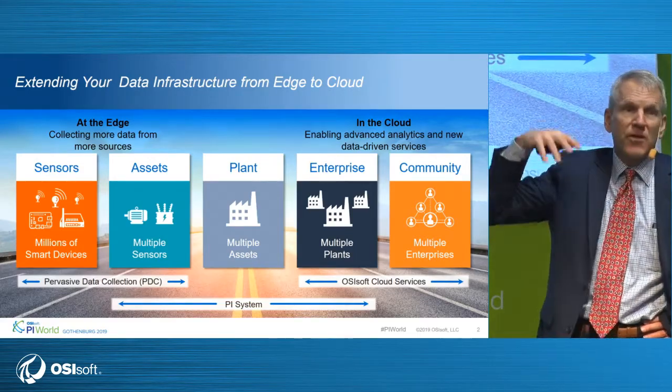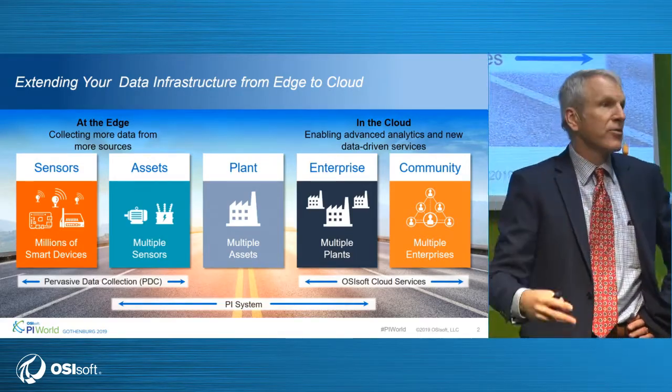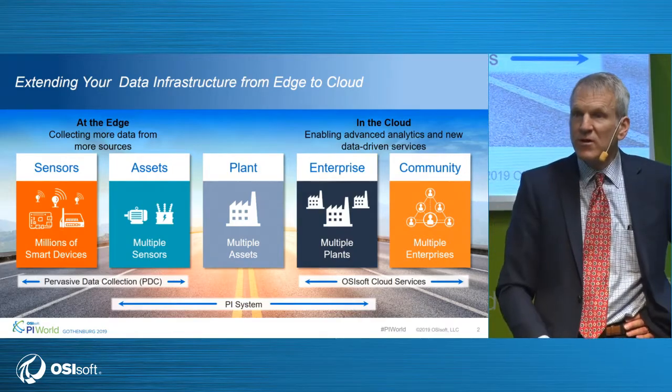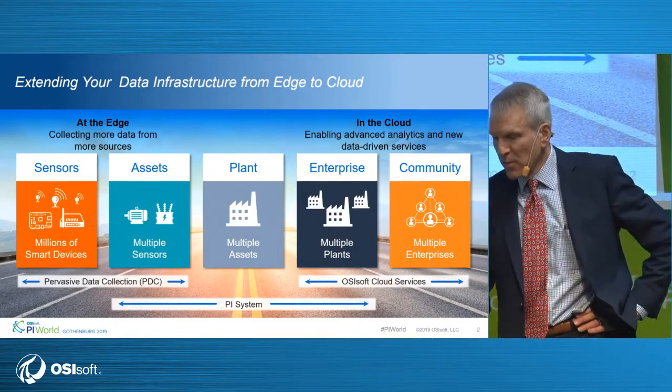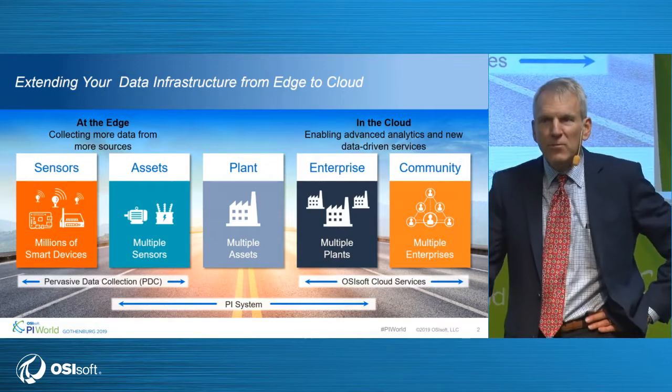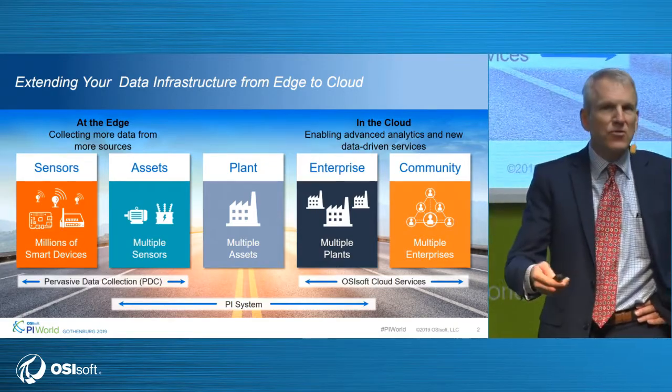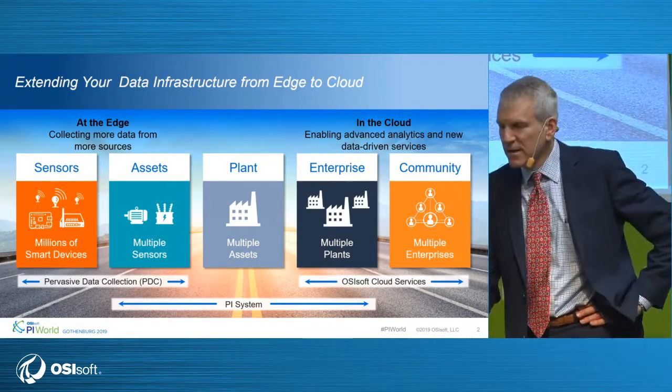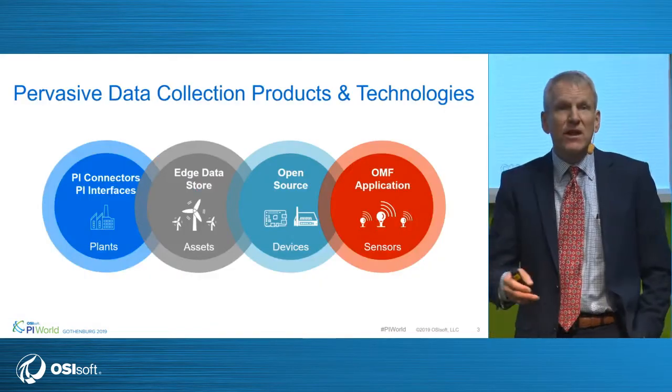We want data collection for the edge. We want that data collection to go into PI servers. We want that same data collection to go into OSIsoft Cloud Services. I'll try and use the formal names for these things, but you might hear me slip and use the acronyms OCS or EDS.